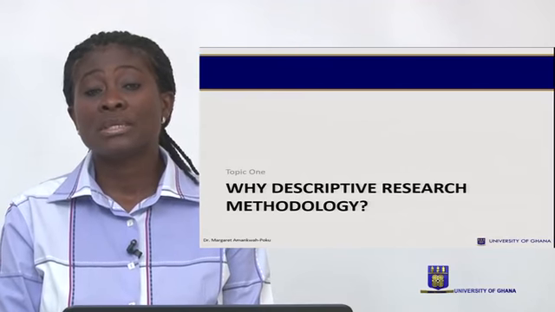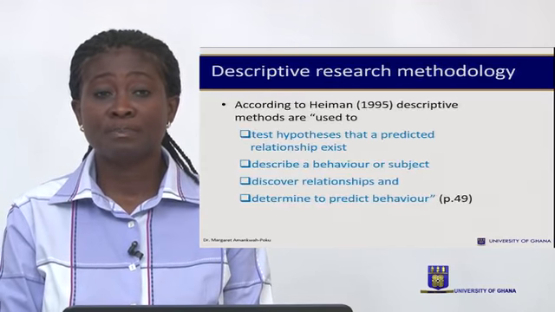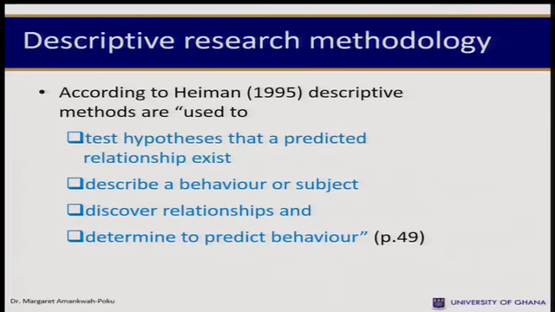So why do we use the descriptive research methodology? Again, according to Hyman, 1995, descriptive research methods are used, first of all, to test hypotheses that predict that a relationship exists. They are used to describe a behavior or subject.